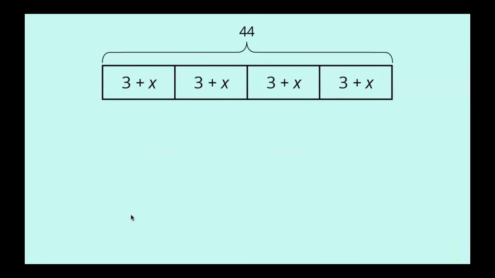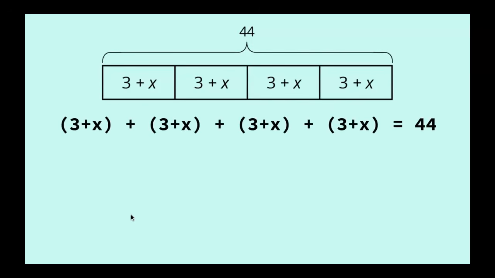Another tape diagram. Go ahead and think about different ways that you could write this as an equation. So again, you may have just straightforwardly said, I'm adding 3 plus x plus 3 plus x plus 3 plus x plus 3 plus x, that equals 44. Or maybe you noticed that there were 4 groups of 3 plus x, so you did 4 times the quantity 3 plus x equals 44.